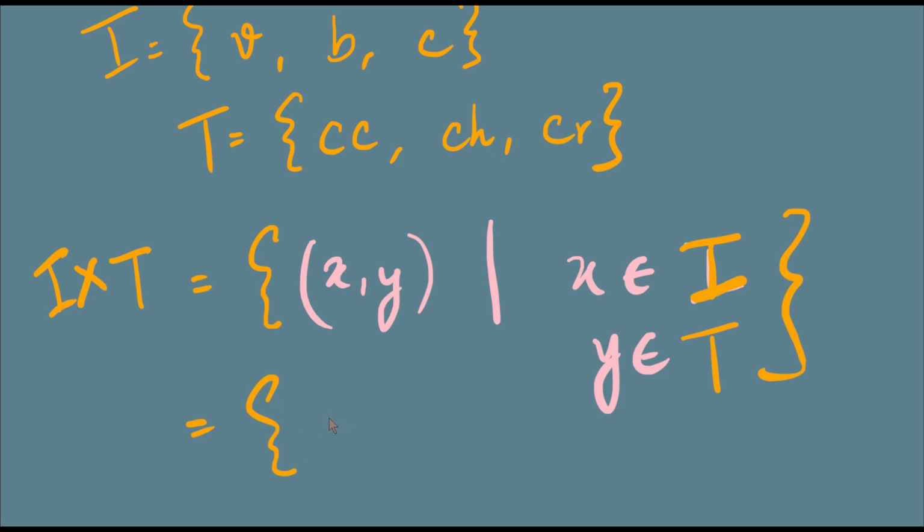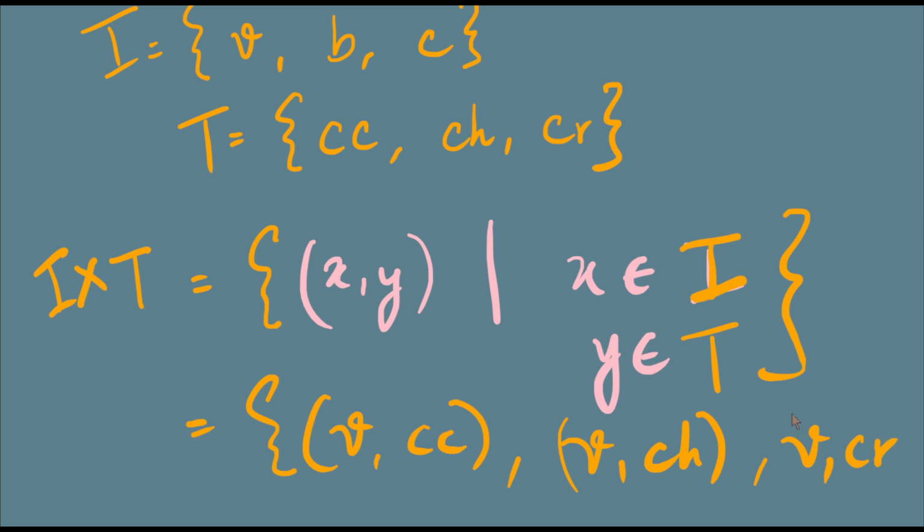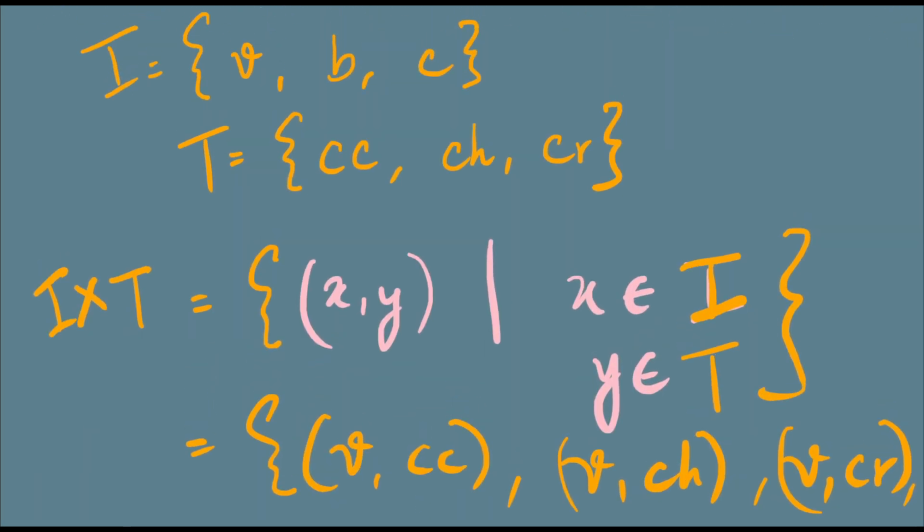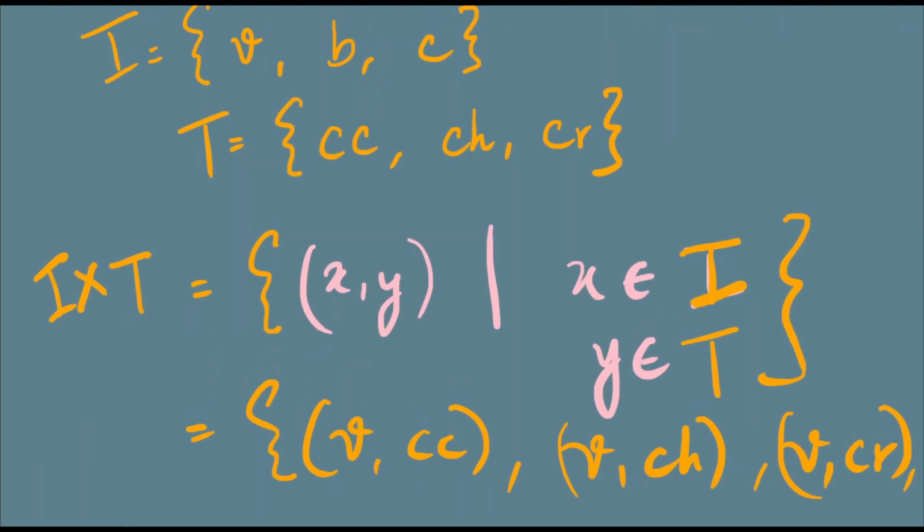So what do I have? I have V comma CC, the first ordered pair, V comma CH, vanilla with caramel, and so on. We'll have a few more elements. We'll have 3 more elements with butterscotch and 3 more with chocolate.